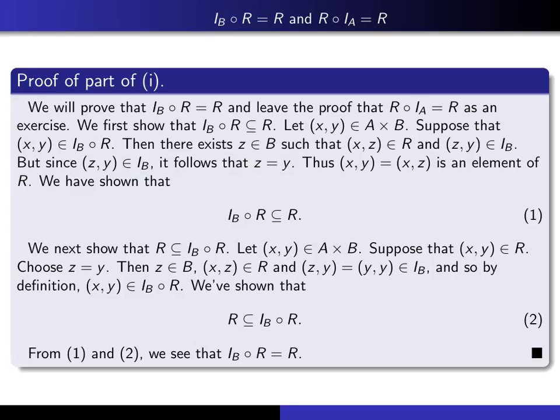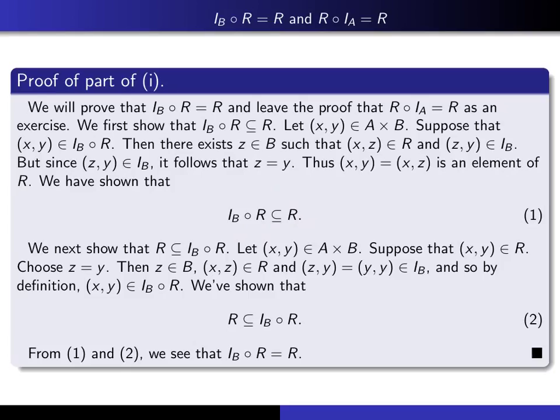Well, z is equal to y, and we've said that xz is in R, so that means xy is in R. So I started off by taking an xy in R composed with IB, and I proved that xy is an element of R, and therefore I've proven this inclusion here.